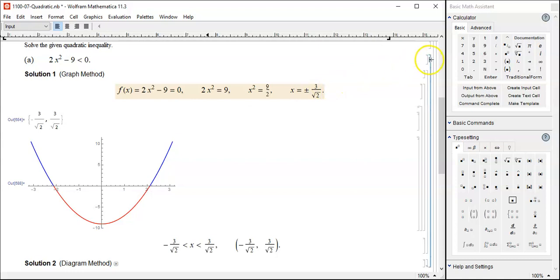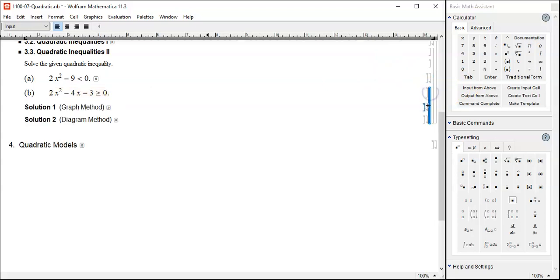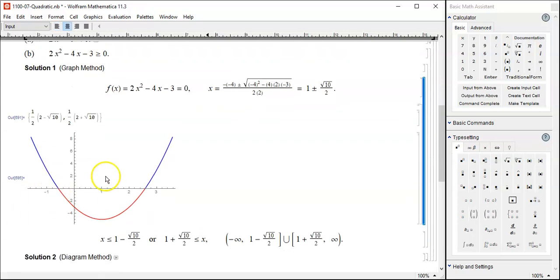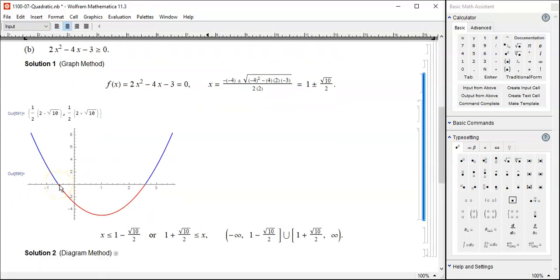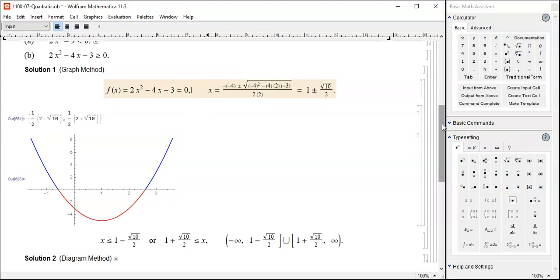One more problem? Okay, all right, one more problem. How about this? You cannot factor it, but you can still graph it. And then you're looking for this x in a set and that x in a set. How do you get that? By setting f of x equal to 0, and that's a quadratic equation, so you can solve it through the quadratic formula. A bit tedious, but you can solve it like this: (1 minus square root of 10)/2 and (1 plus square root of 10)/2.